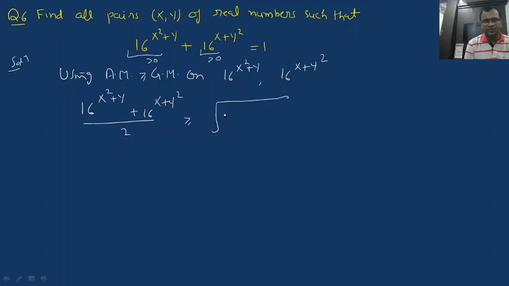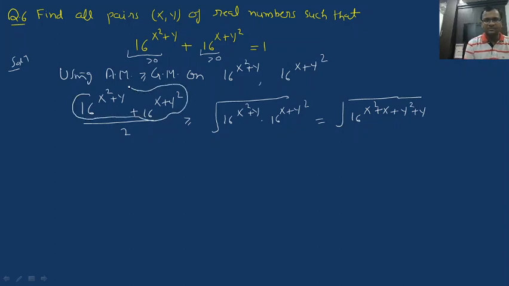And what is the geometric mean? 16 to the power x square plus y into 16 to the power x plus y square. And this geometric mean can be further written as 16 to the power x square plus x plus y square plus y.